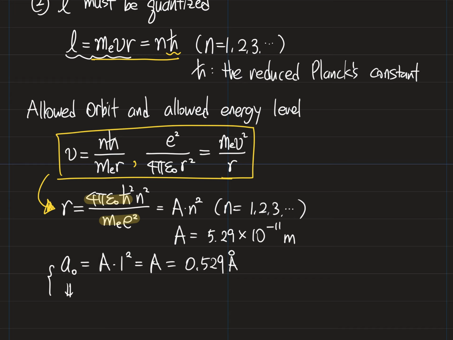So people think that the smallest allowed radius should reflect the size of the hydrogen atom in some way. We will meet this number again when we deal with the wave function of the hydrogen atom.